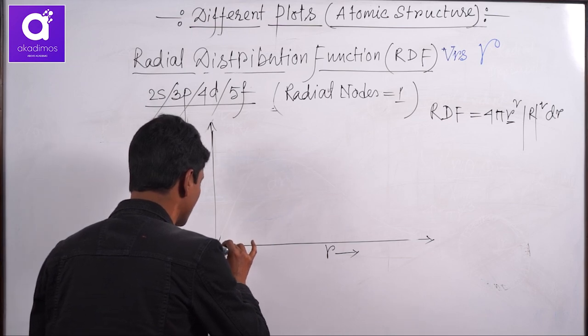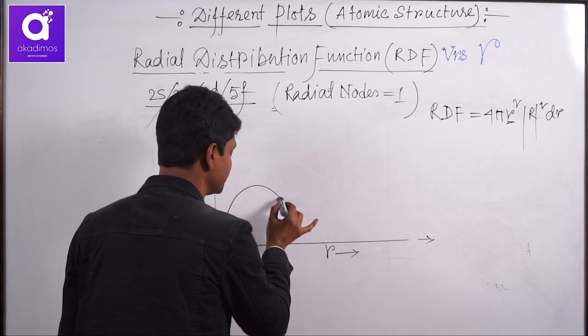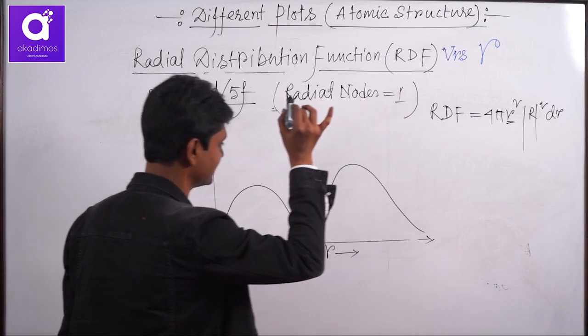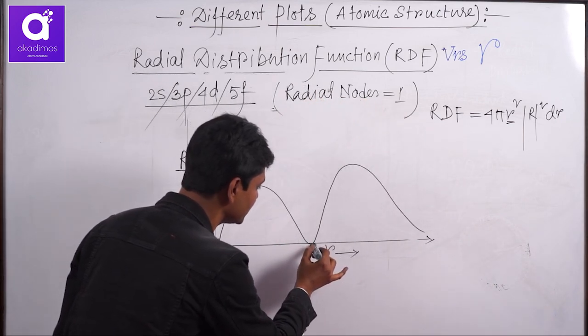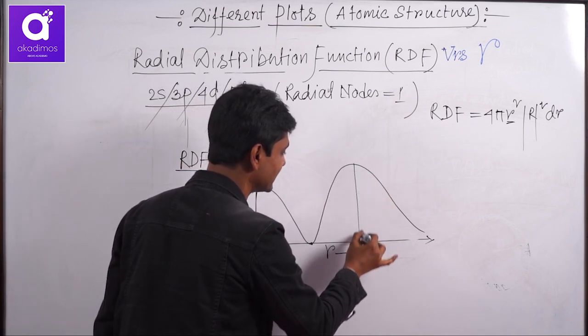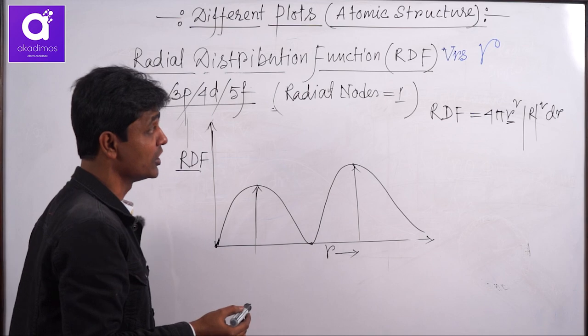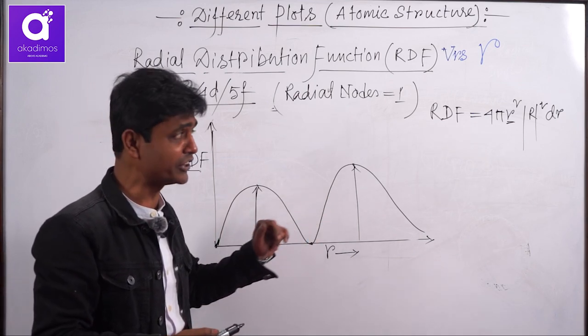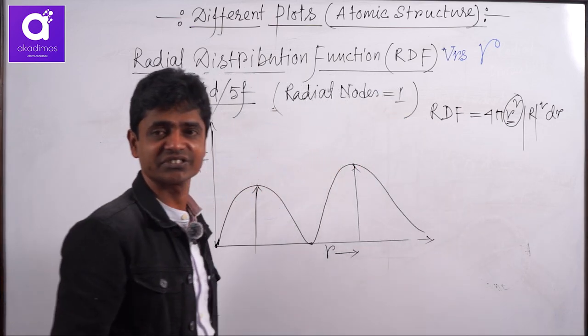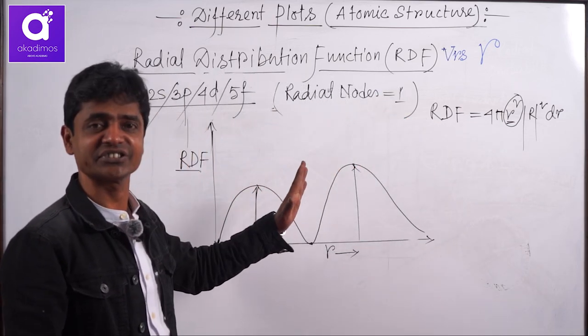I told you all are 0 at the origin. See, this is the node and I have increased the amplitude. Why does amplitude increase? Since r increases.